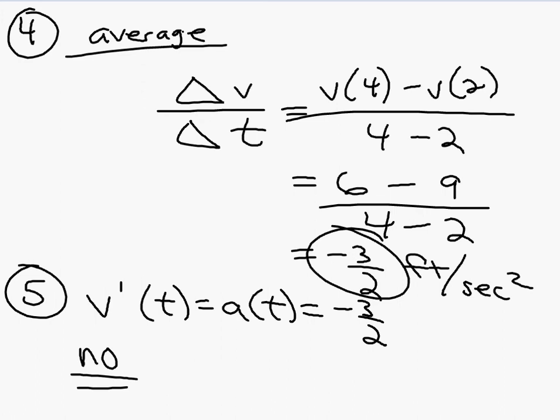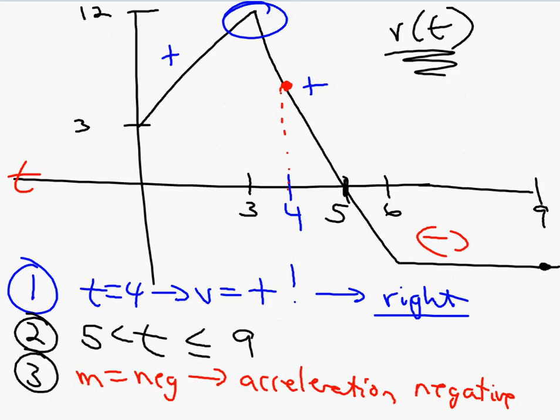Number 6. Get my pages straight here. Yeah, there's a point that is not differentiable. If you think about a secant line, over here was 2, here's 4.